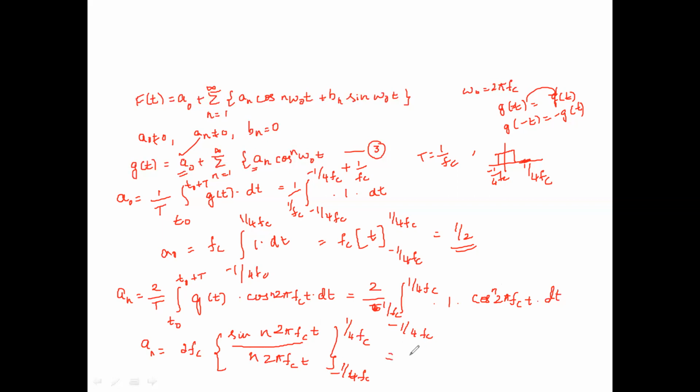So when you substitute this and simplify, you get an is equal to 2 by n pi into sine n pi by 2. So keep this as equation 3 and this is equation 4. Now substitute the values of a naught and an in the main equation of g of t. So what you get?